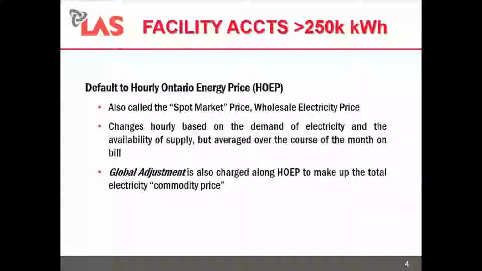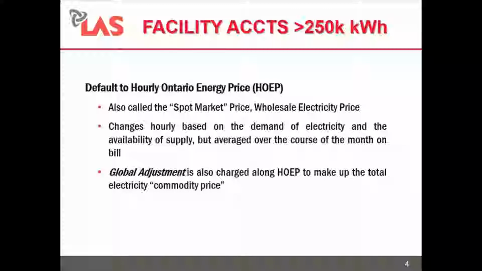If your facility uses 250,000 a year, you are going to pay the spot market rate. The spot market rate we also call the wholesale electricity price. This price is settled through the Ontario IESO, the grid operator that runs the wholesale market.